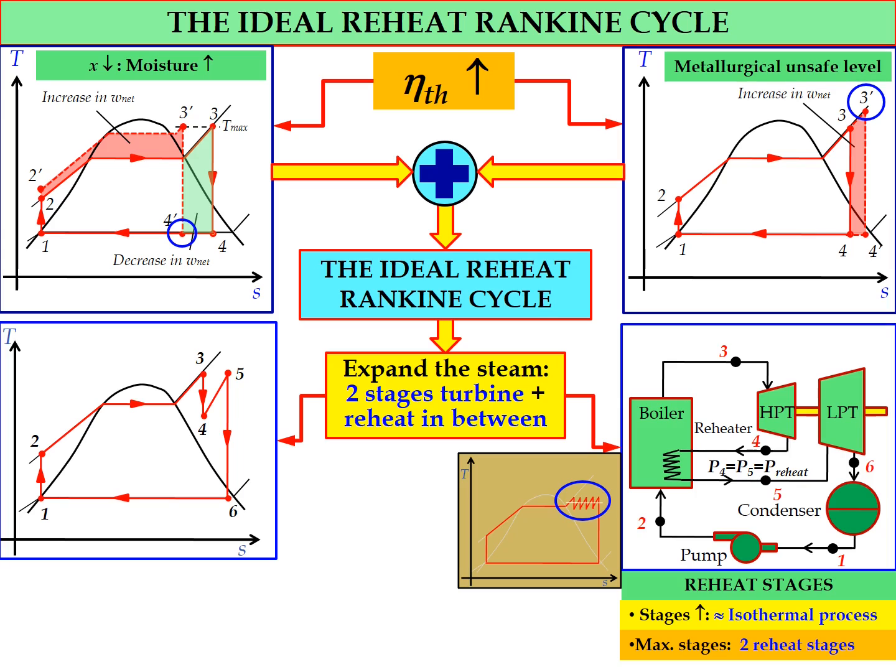And then due to the reheating process, the temperature increases, and the reheating is at constant pressure, where P5 equals P4, and then the steam will enter the second turbine, which is referred to as the low pressure turbine.